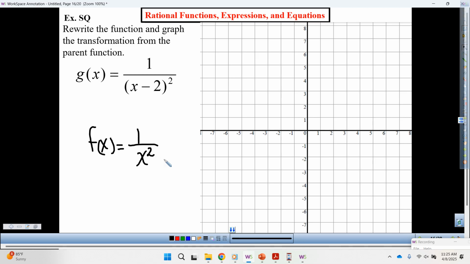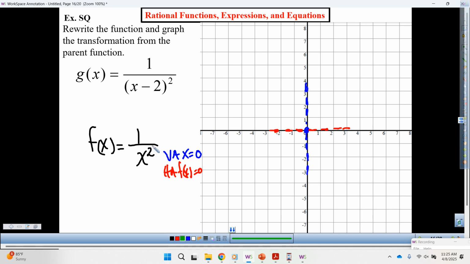Now that's the parent function. So we need a VA, which is 0, and HA, which is 0. So let's do that really quick. 0. And 0.